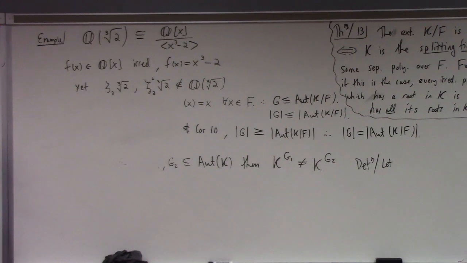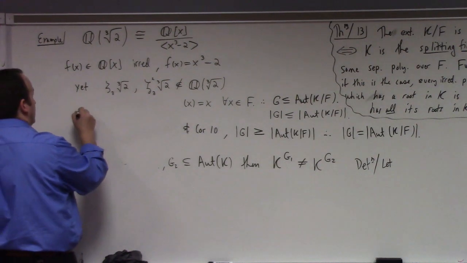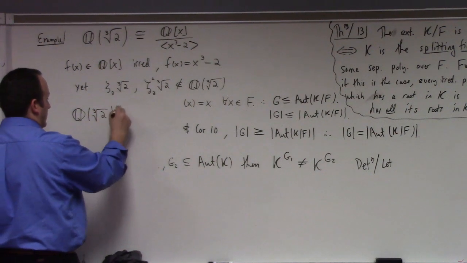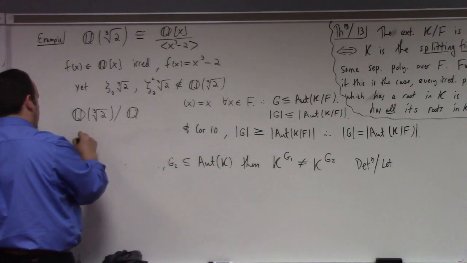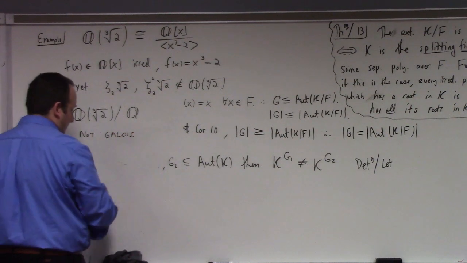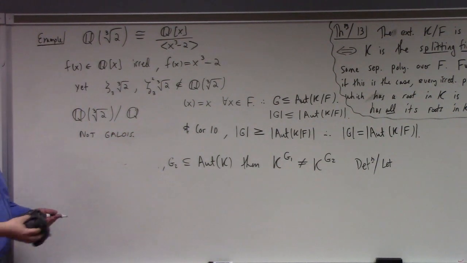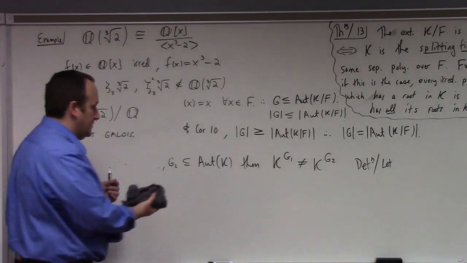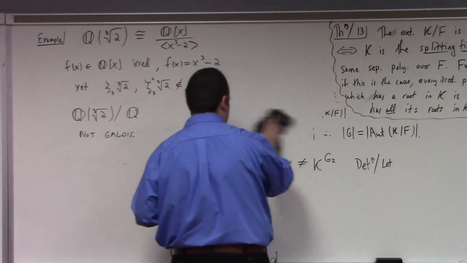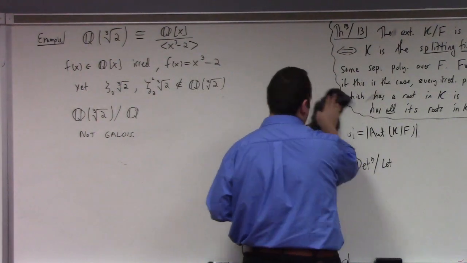So that shows you that Q adjoin the cube root of 2 over Q is not Galois. Which, of course, we have said before, but now I'm saying it with the full statement of the theorem.